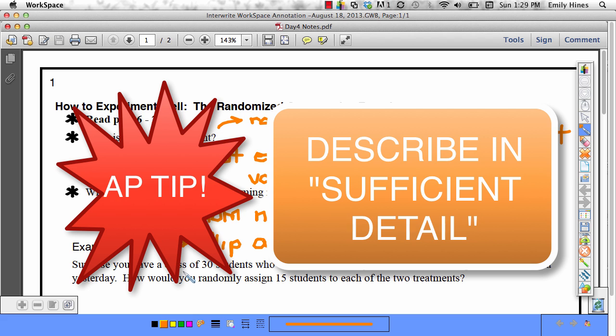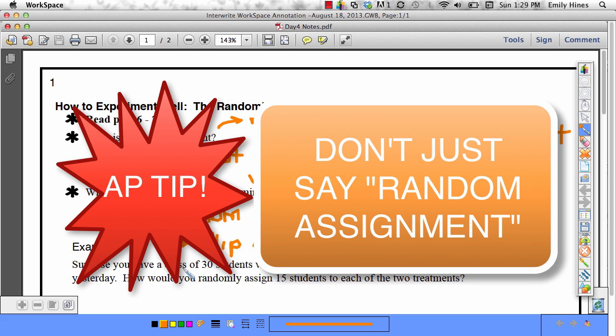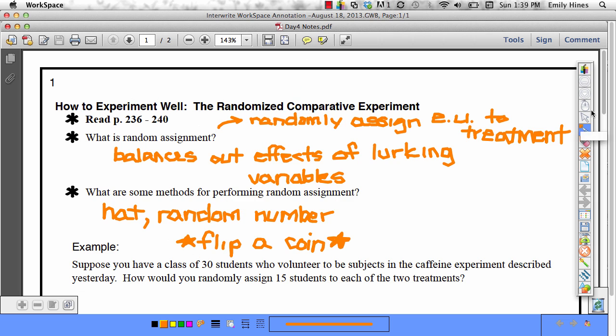So, things like, I wrote everyone's name down on a piece of paper, cut them into equal sizes, put them in a hat, mixed them up. The first 15 names I drew were in group A, the next 15 were in group B. Okay, sufficient detail. Don't just say, I'm going to randomly assign them. That does not cut it.